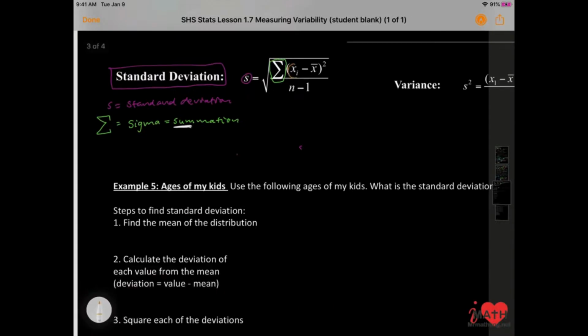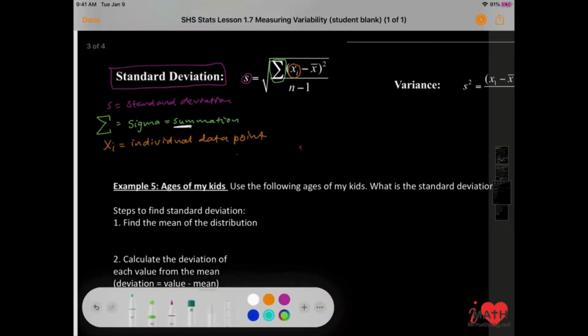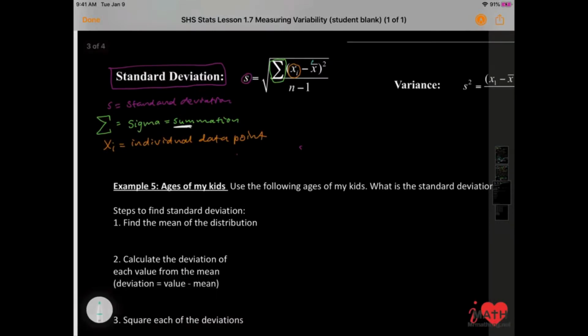Xi is the individual data point. Let's change colors here. That's called X bar. Do you know what that is? This is called the mean, or a simple word is average.